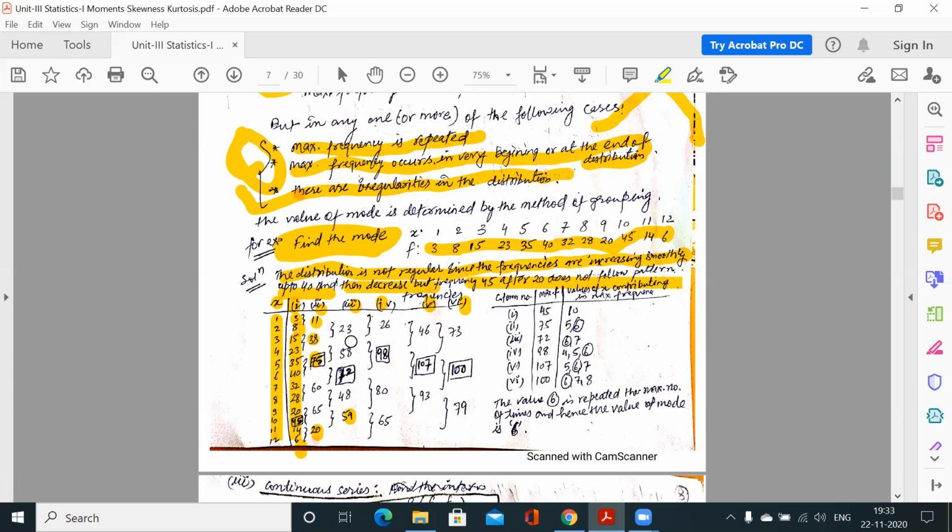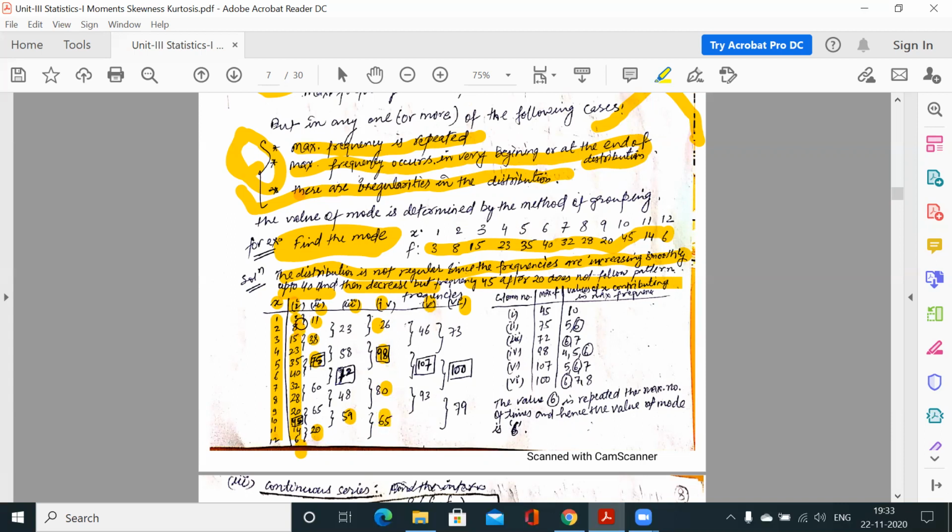So the 2-member group is closed. Now we will make the 3-member group. Starting from the first, 3 plus 8 plus 15, 26; 23, 35, 40, 98; 32, 28, 20, 80; 45, 14, 6, 65.